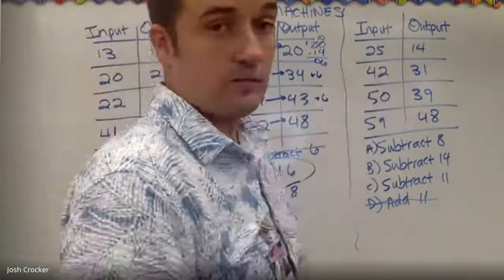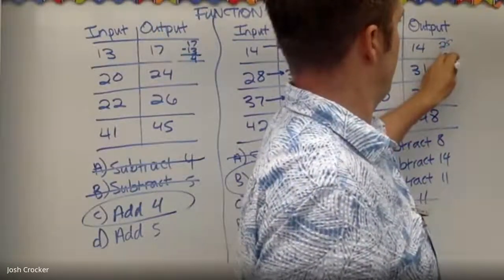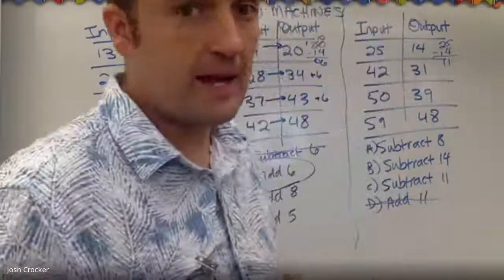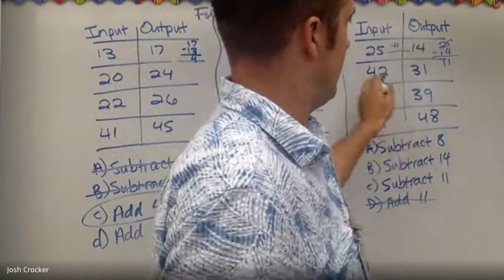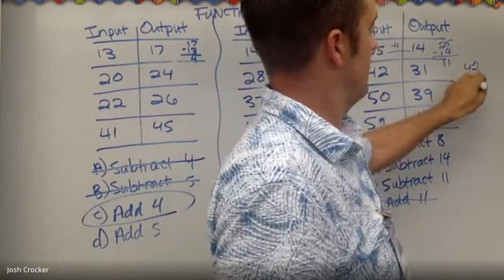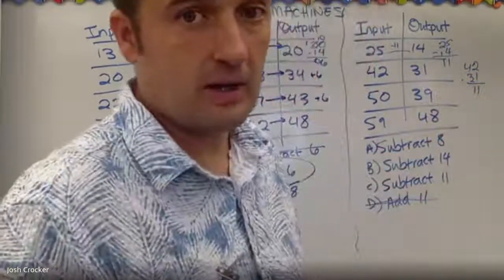So from 25 to 14 was 11. This gap is 11. Okay, what if I do the same thing here? I could subtract these numbers. I got 11 again.